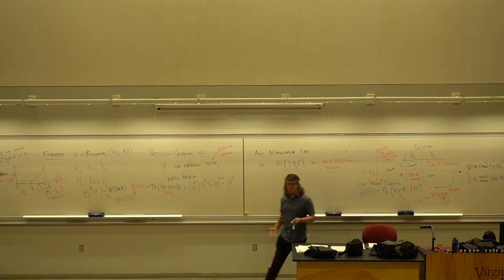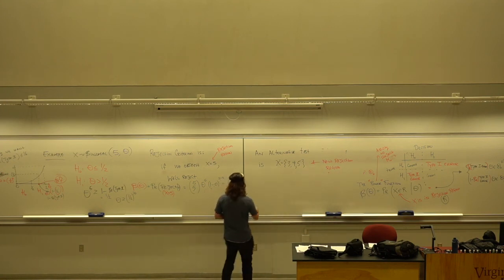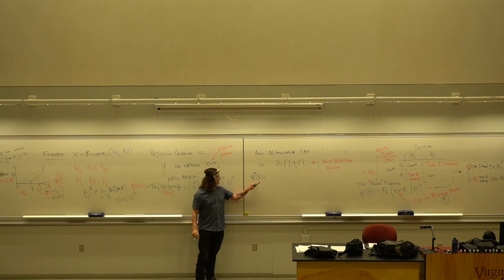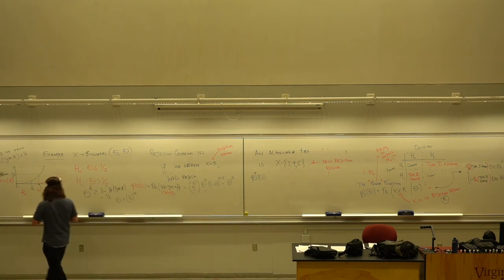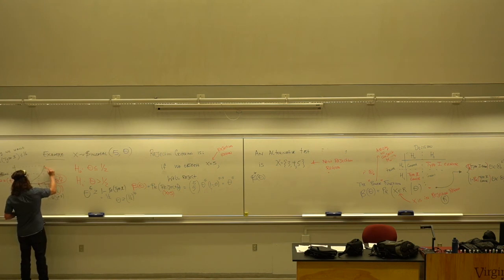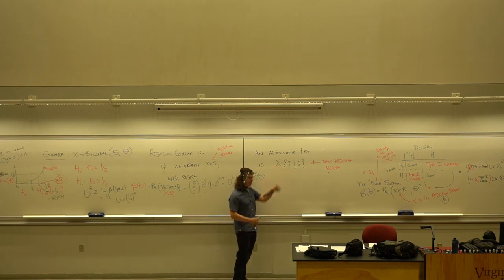And I can work out the power function for this new test. The power function, b theta, and I'll just call it b star theta, just to denote that this is a different power function from the one that we just wrote down. This is a different power function pertaining to this rejection region.